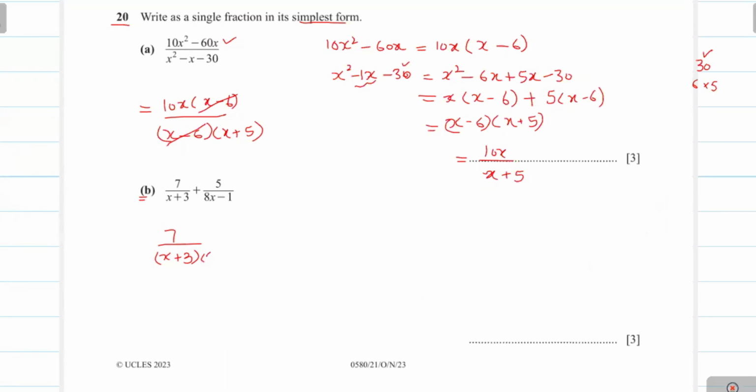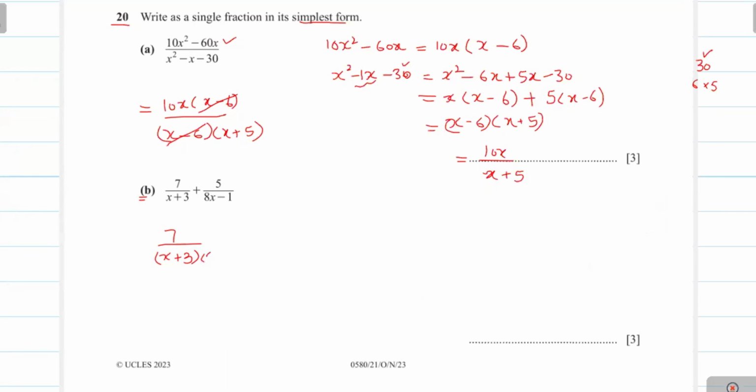We multiply the fraction 5 over 8x minus 1 by x plus 3, so this fraction becomes 5 into x plus 3 over x plus 3 into 8x minus 1.